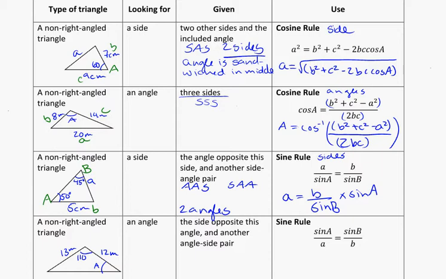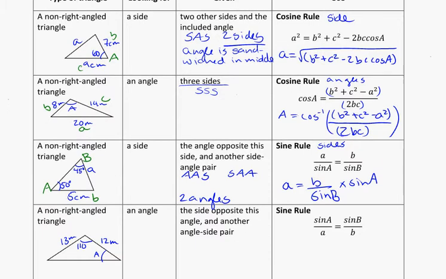Looking at the last example here, the sine rule, this one being for angles, remembering that our shortcut for this one is going to be A is equal to sin inverse of sin B divided by b times a, all in brackets. And here we need the two sides and an angle.